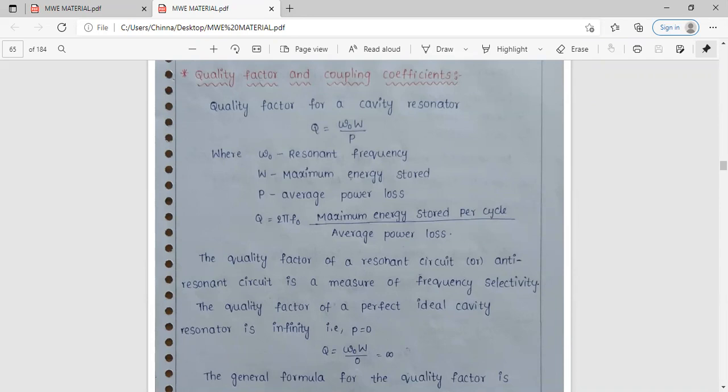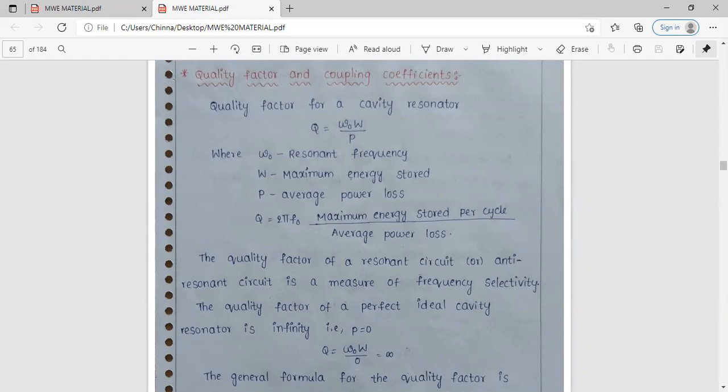So the quality factor of the resonator circuit is a measure of the frequency sensitivity. So frequency sensitive అనేది quality factor ని measure చేస్తుంది. So the quality factor of a perfect ideal cavity resonator is infinite. So perfect ideal cavity resonator అనేది కన్సిడరేషన్ తీసుకుంటే దాని వాల్యూ అనేది ఇన్ఫైనైట్ అనేది కన్సిడరేషన్ తీసుకుంటాం.